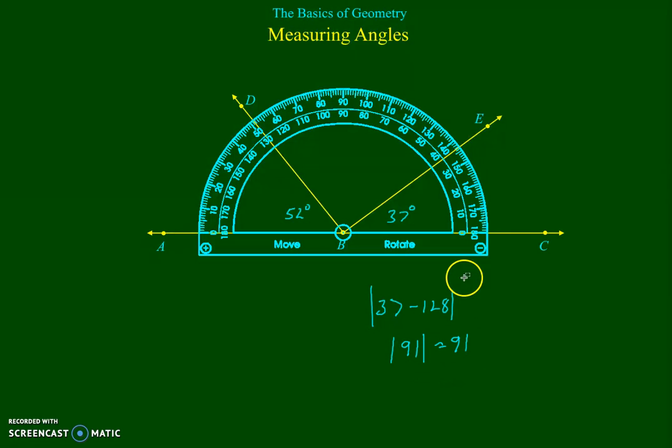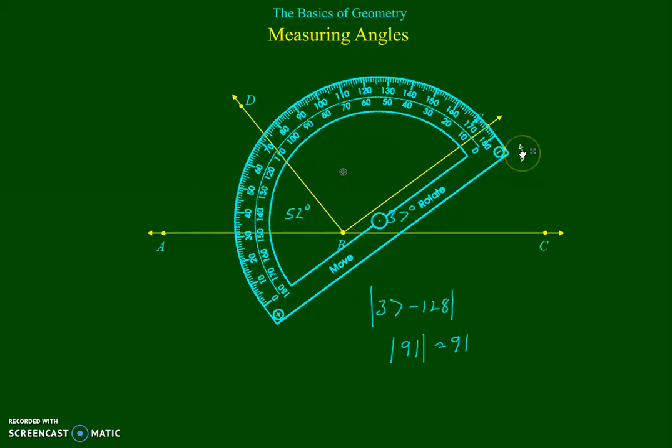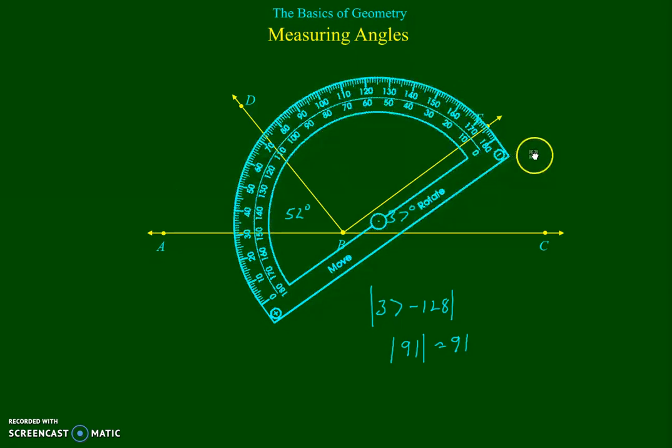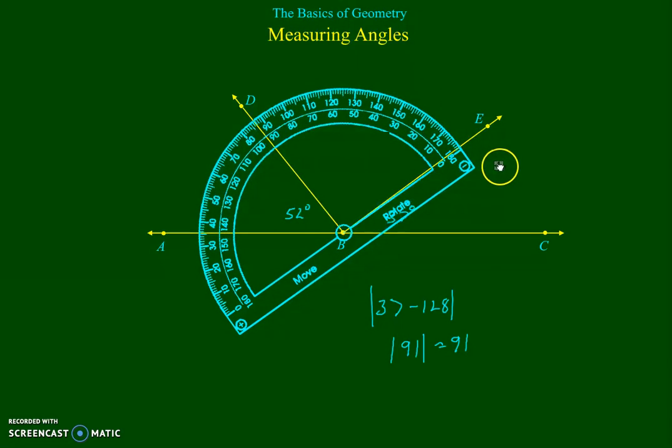Now just for kicks and giggles, we could verify this by rotating this protractor. So let's try that and see what happens. Here we selected our protractor. Let's rotate it up. We're probably going to have to do this a couple of times. Let's line this up. And we'll have to rotate it a little more.